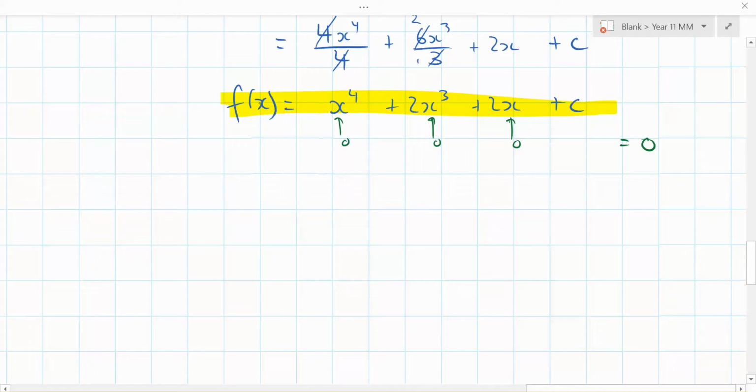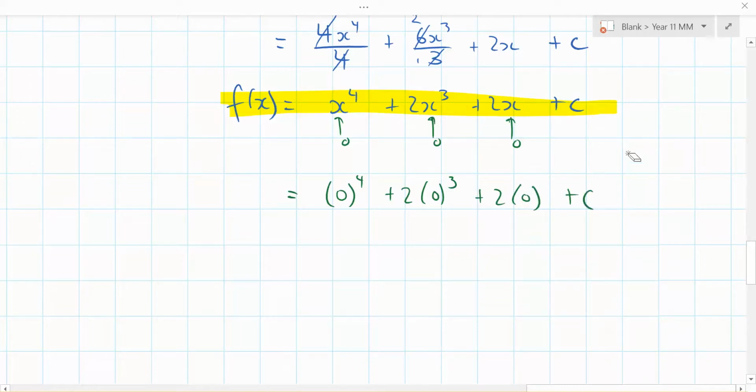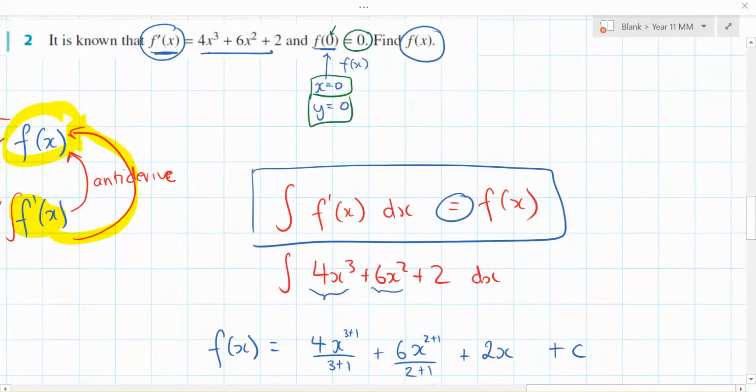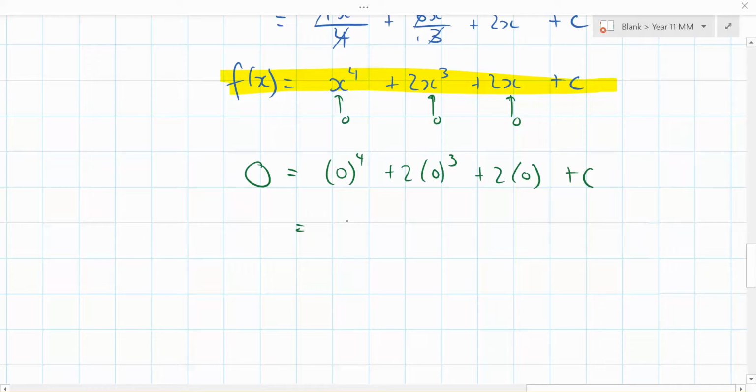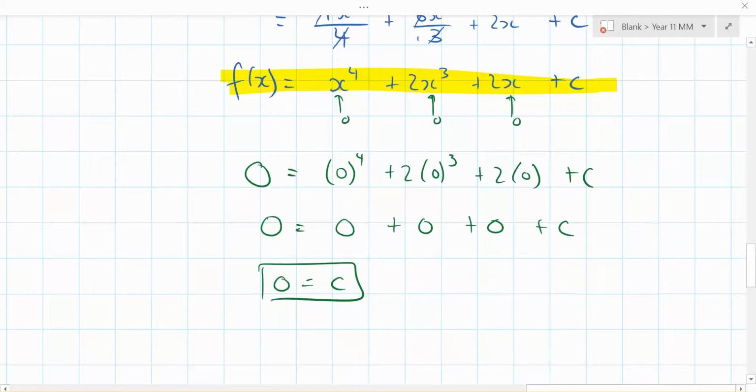So I'm going to sub 0 into each one: 0 to the power 4 plus 2 times 0 to the power 3 plus 2 times 0 plus c, and all of this is meant to equal 0, because that's what they said. It becomes 0 plus 0 plus 0 plus c equals 0, and it nicely gives you c equals 0.